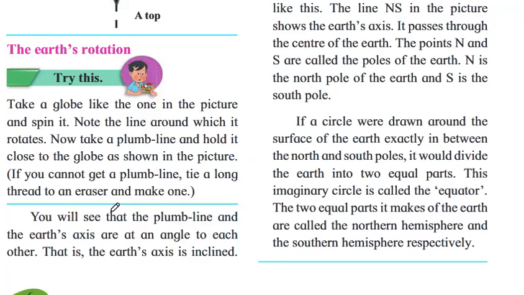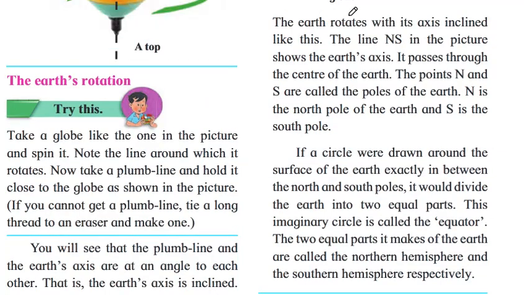You will see that the plumb line and the Earth's axis are at an angle to each other. That is, the Earth's axis is inclined.